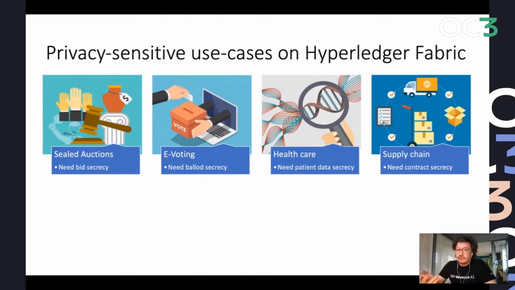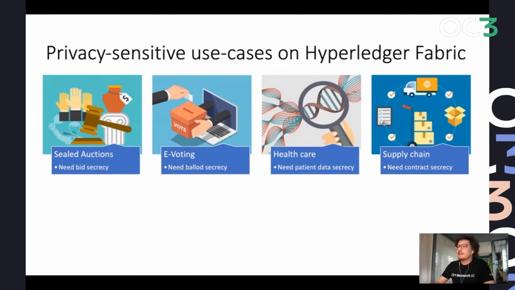For voting, for instance, we all understand that the secrecy of our ballot, our vote, has to be maintained secret as long as the voting process is not done, or it should be secret forever, right? Other use cases also come with strong privacy requirements, in particular when we are looking into the healthcare area.